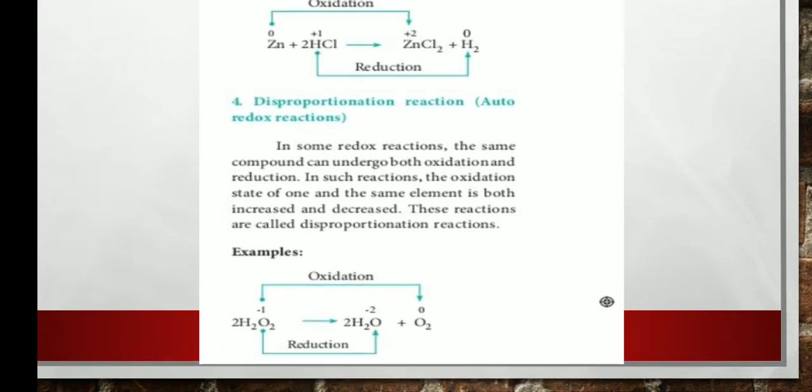For example, H2O2, hydrogen peroxide converted to water and oxygen. In H2O2, oxygen minus 1 converted to 0, therefore oxidation. And in H2O, minus 1 converted to minus 2, therefore reduction reaction.